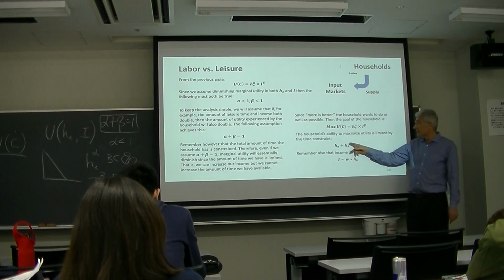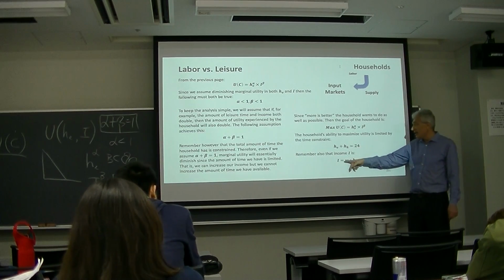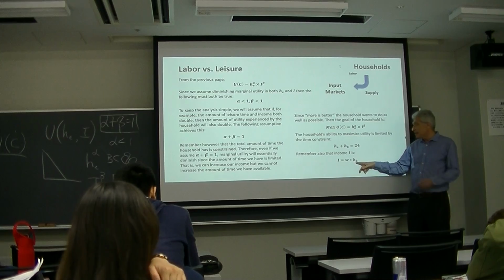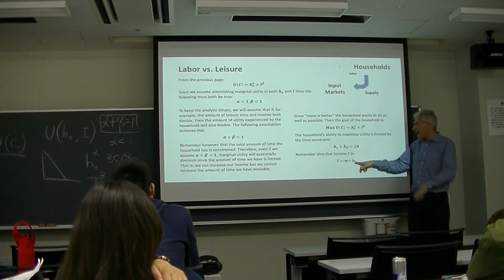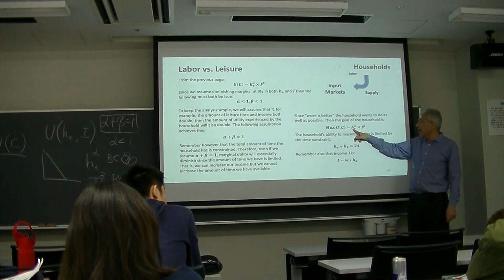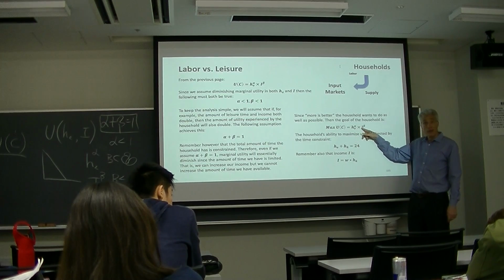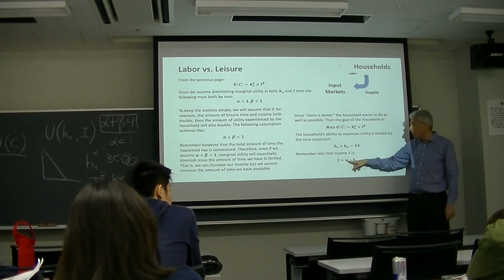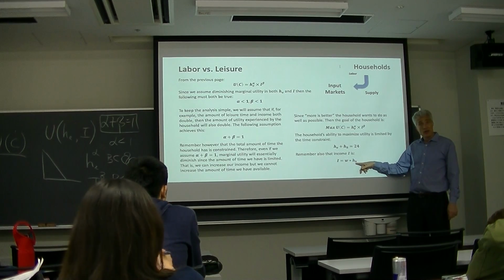So those are limits. And the thing is, we can see this is a choice. We choose the amount of leisure and our income. But income is a function of wage and hours worked.